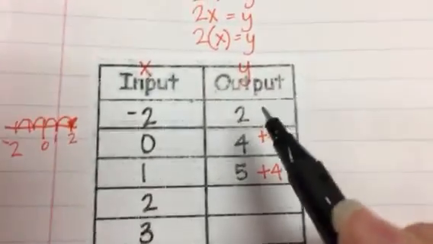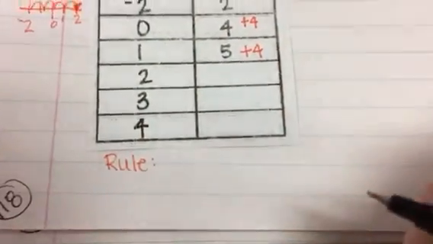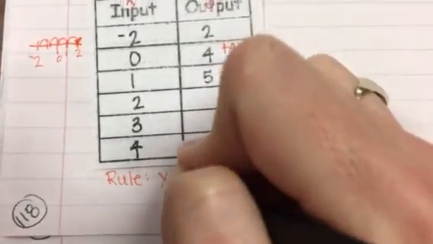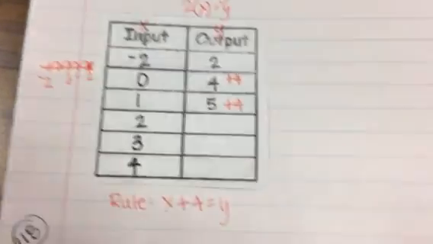And then if I have -2, so if I'm at -2 and I add 4, 1, 2, 3, 4, you see that that takes me to a +2, which is what this one says. So obviously my function rule for this one is that I take my x's and I add 4 to get to my y. There's my function rule.